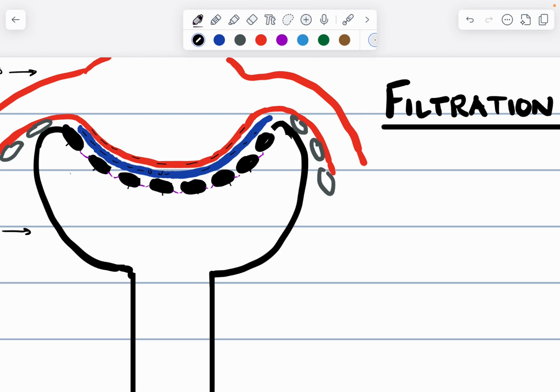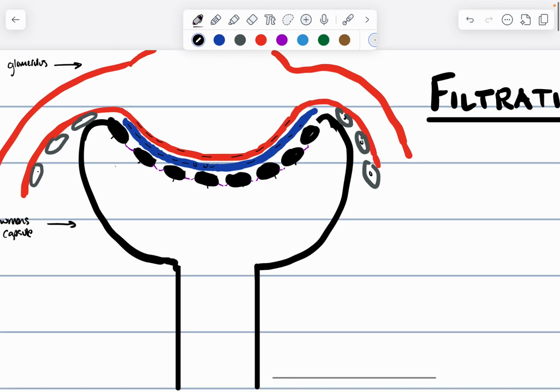The last part of the membrane that we're going to talk about is these things here, our mesangial cells. Mesangial cells are very similar to smooth muscle. So they contract, which can change the surface area of the glomerulus capillaries, and that will influence filtration: increased contraction, increased pressure, increased filtration.